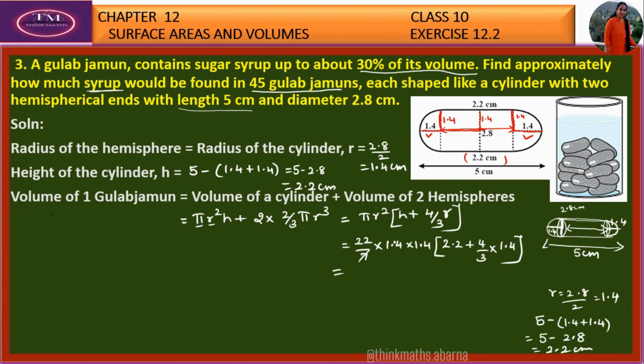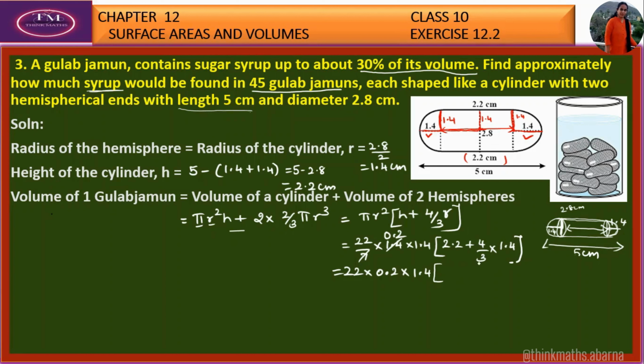Here 1 seven is 7, 2 sevens are 14. Here it is 1.4, so it is 0.2. So we will get 22 into 0.2 into 1.4. And here the LCM is 3. Taking the LCM as 3, we have to multiply 2.2 by 3. So we will get 6.6 plus 4 into 1.4, which is 5.6.